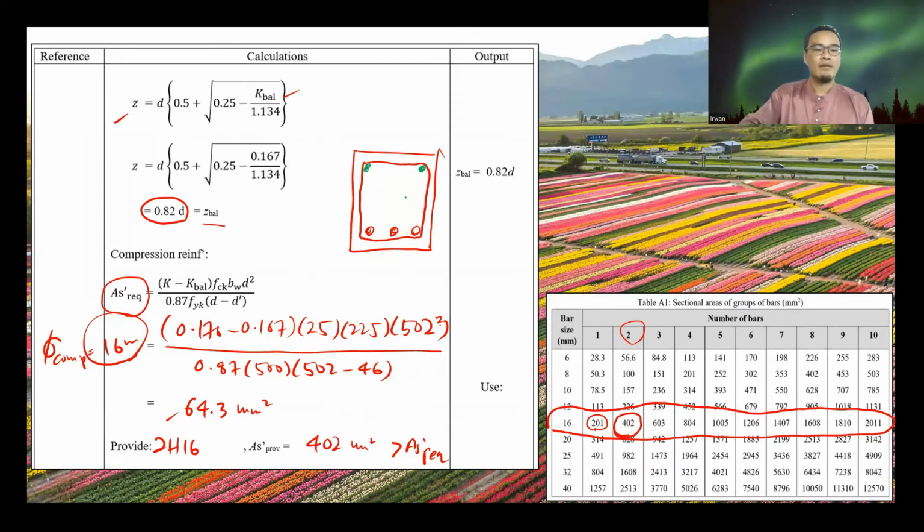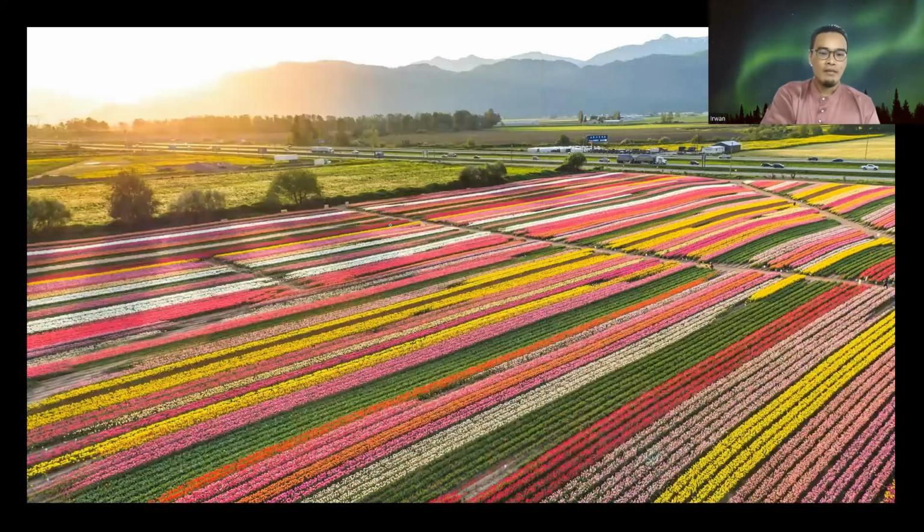Now, make sure you draw or sketch at the exact locations. Because in this case the compression reinforcement is located at the top part of the section, so it's at the top. Next, the tension reinforcement.